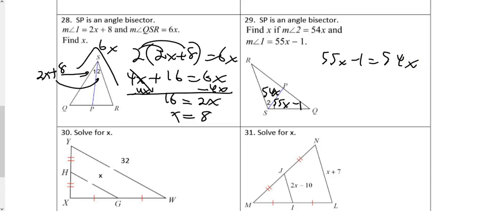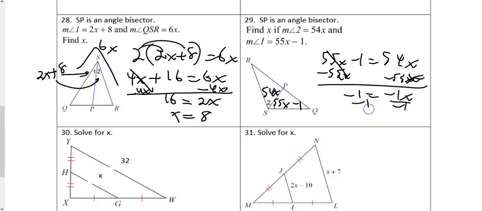Now, I usually like to keep my x's positive, but it'd be a double move, so I'm going to do this. And that's okay, you'll see why. So I'm going to get negative 1 equals negative 1x. When I divide by negative 1, x equals positive 1. Which makes sense. 1 times 54 is 54. 1 times 55 is 55. Minus 1 is 54.